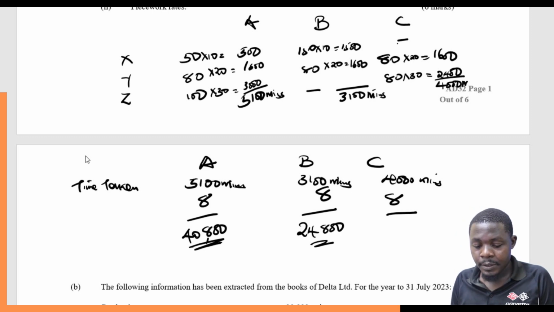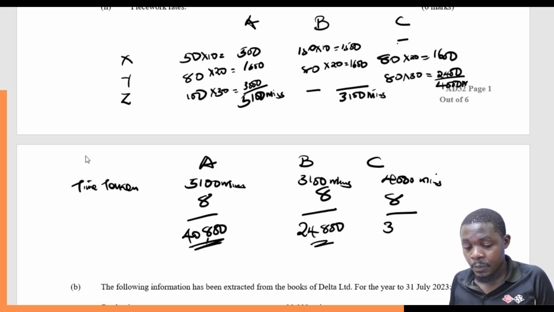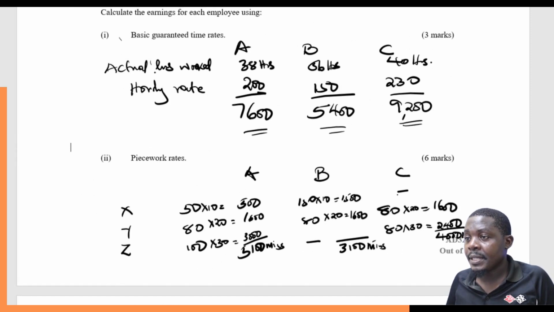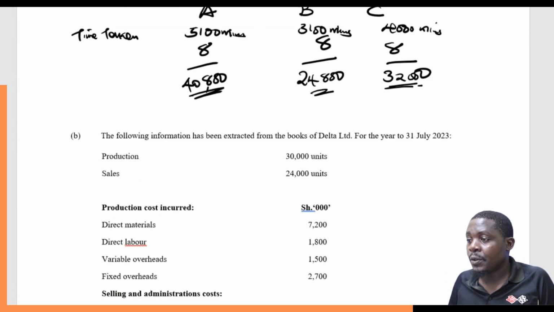Then 4000 multiplied by 8, that is 32,000. That is the piece rate system, and that is the guaranteed amount to those particular individuals.